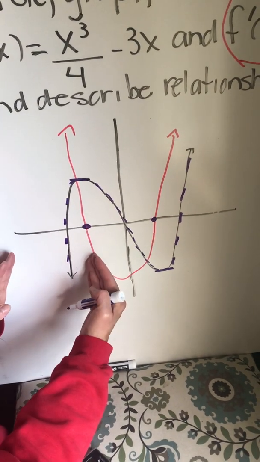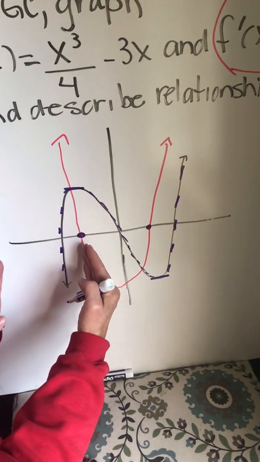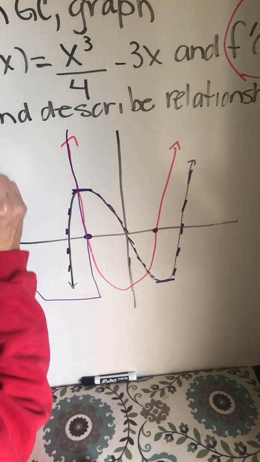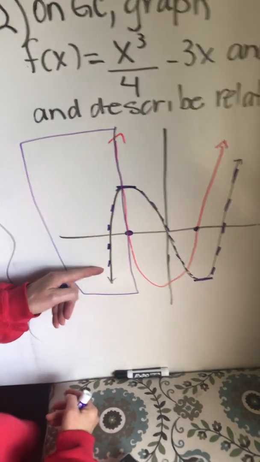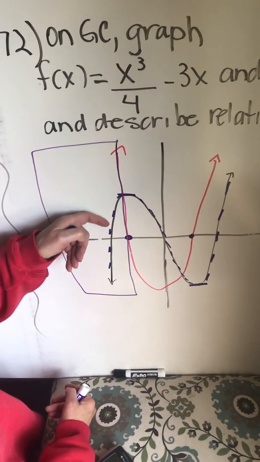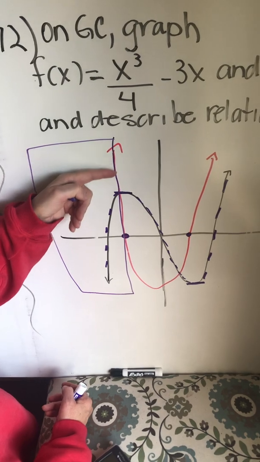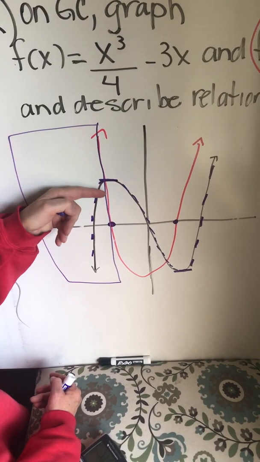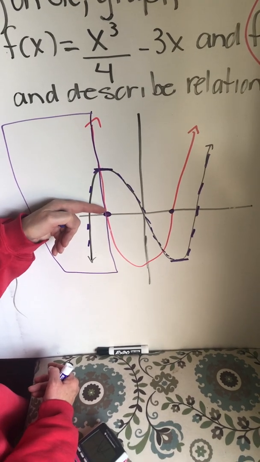Let's look to the left here. Let's look right here. Notice that these slopes are definitely positive and becoming less positive. And sure enough, our derivative graph is recording all positive y's approaching 0.